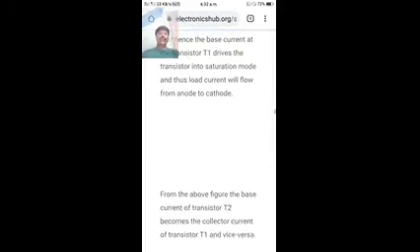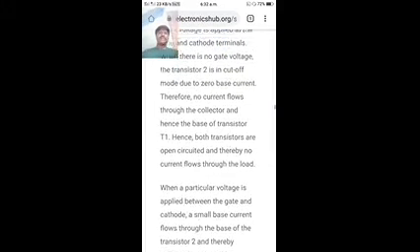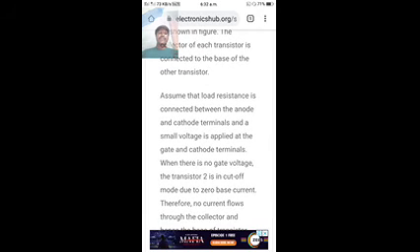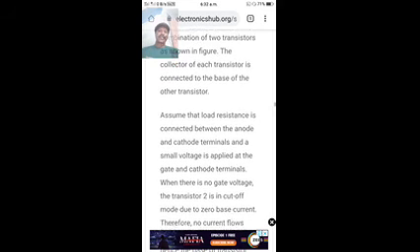So this is a regenerative operation. An increase in the current of one transistor will increase the current of the other. That is called a regenerative operation.